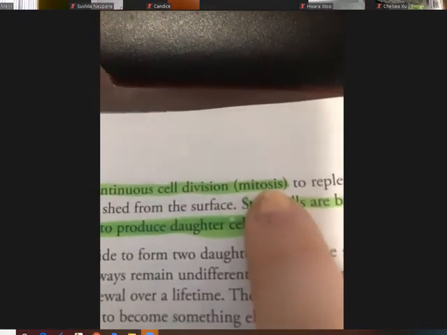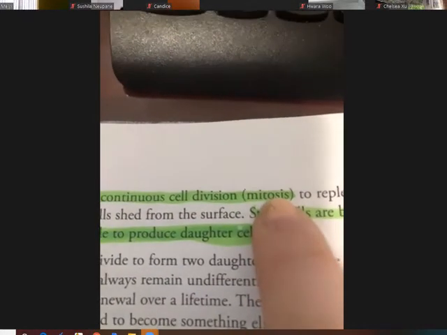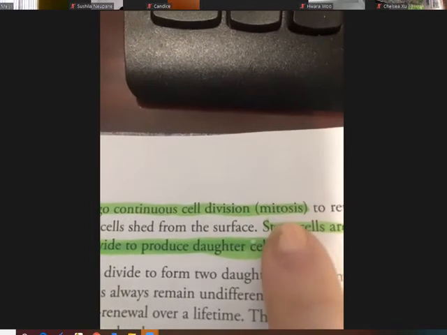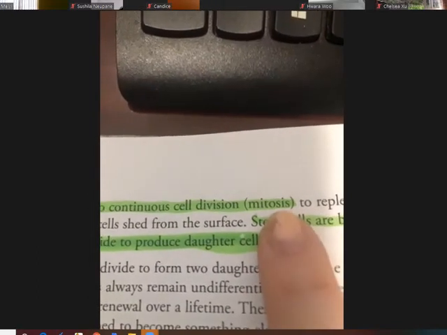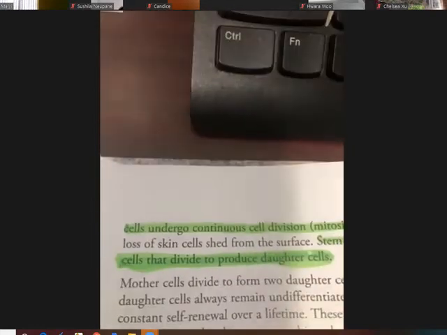The cell division is called mitosis. One cell becoming 2 cells is a process called mitosis.